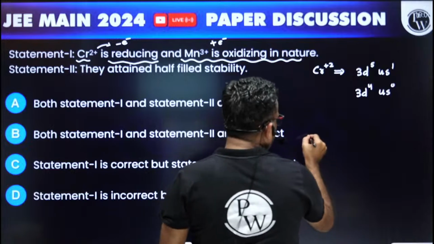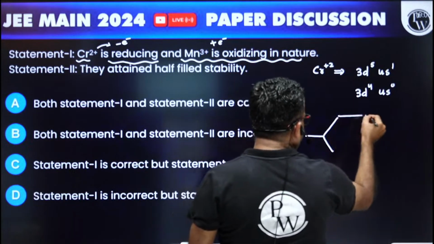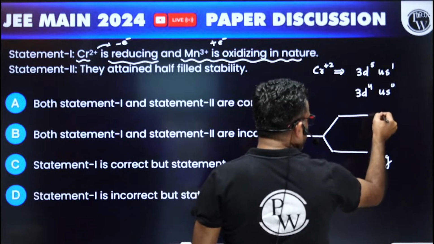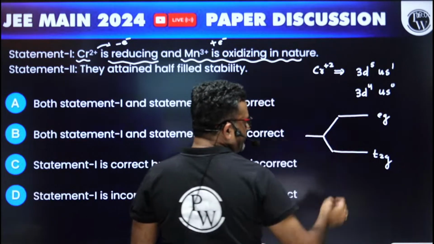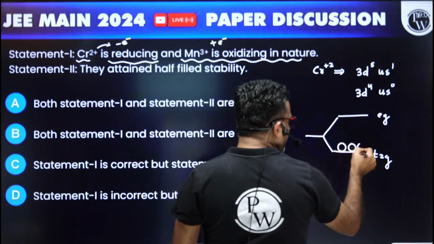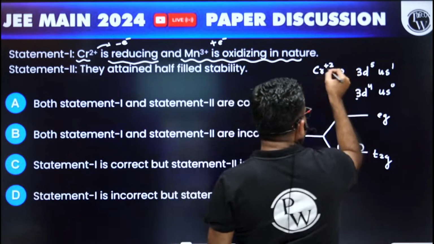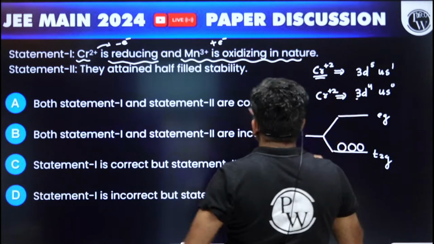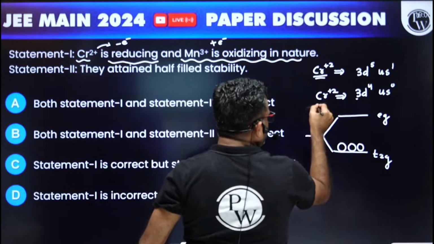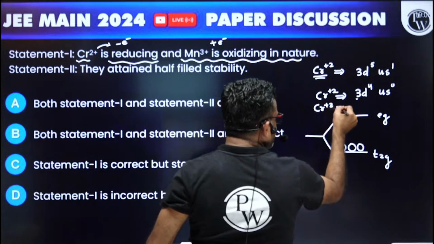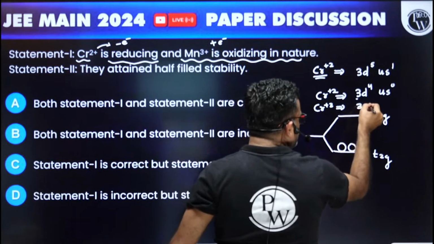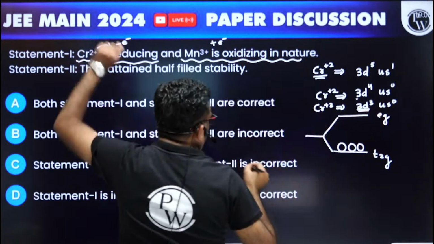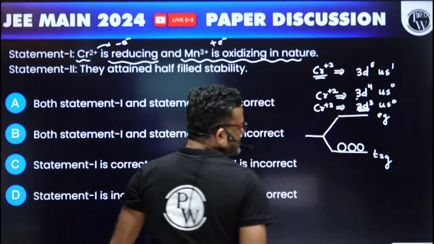3d4 4s0. If you consider the octahedral crystal field splitting of the d orbital into t2g and eg, in the t2g, this is Cr plus 2, no? Suppose it loses electron and becomes Cr plus 3, how many electrons would be left? 3d3.